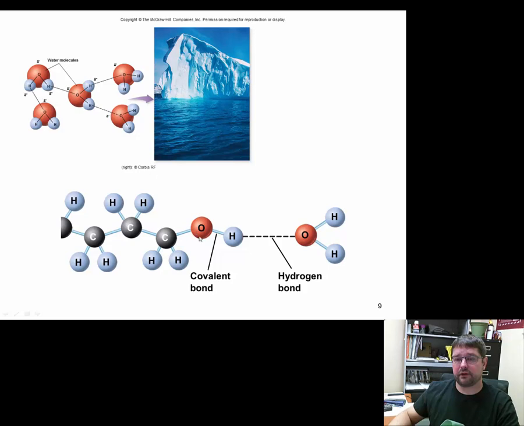Because this group is polar, this hydrogen has a positive charge, and it can then form a hydrogen bond with a water molecule. That allows this to go into solution in water. This is how we get things to dissolve into water: they form simple hydrogen bonds. Polar molecules are the molecules that are going to go into solution, or be dissolved, in water.